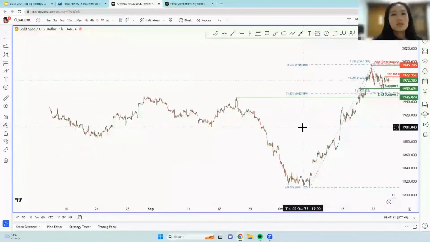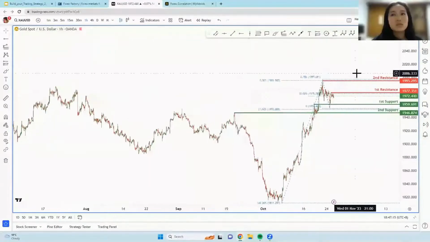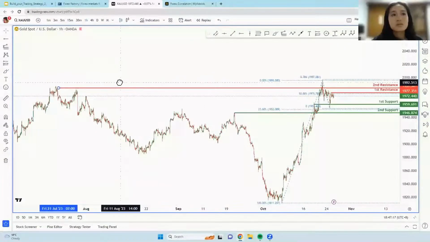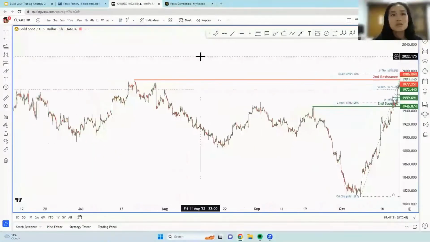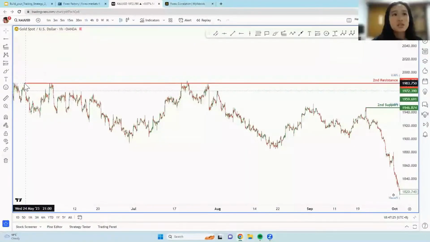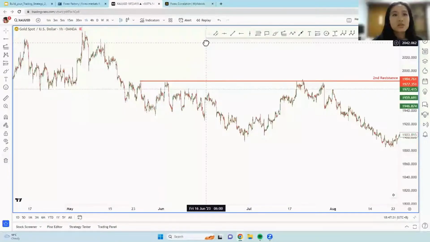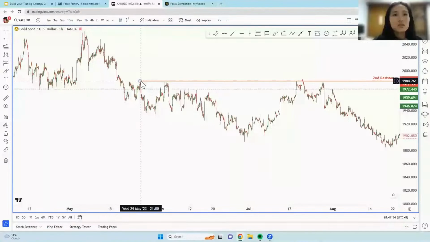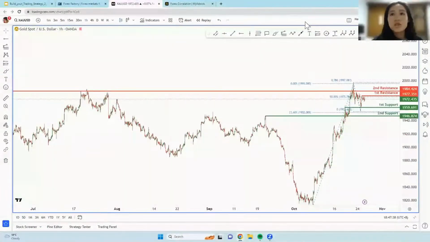Okay, my second resistance is a pretty significant level. Okay, you can see I can pull it all the way back. Okay, I'm just gonna highlight this area here.